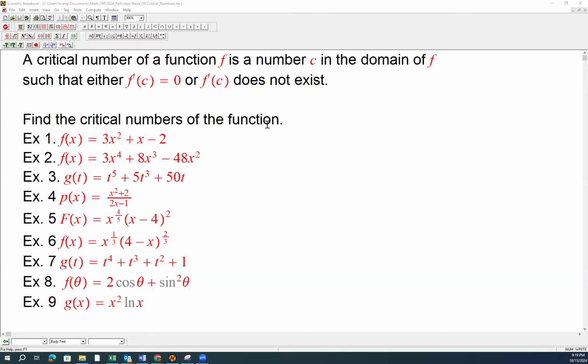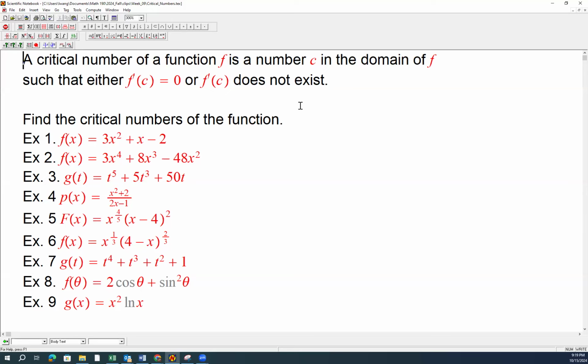Hello, everyone. In this lesson, we're going to go over some examples of how to find critical numbers. First of all, we have studied Fermat's theorem.